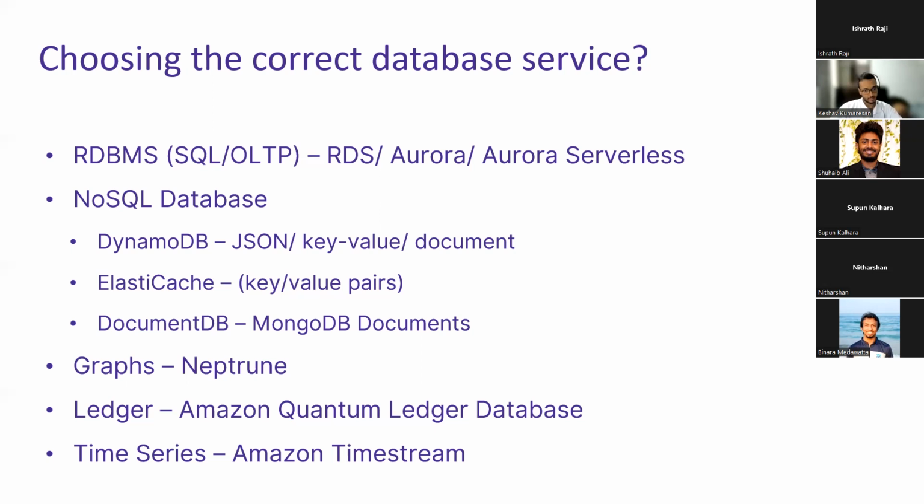And finally, Amazon Timestream is for time series data. That means if you have small IoT devices that are providing sensor data that is rapidly coming into your application, then Timestream is a good option because it can handle real-time data much better compared to other services. Not that others can't, but Timestream is more tuned for this kind of scenario.